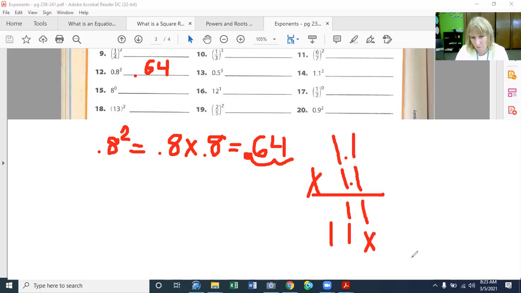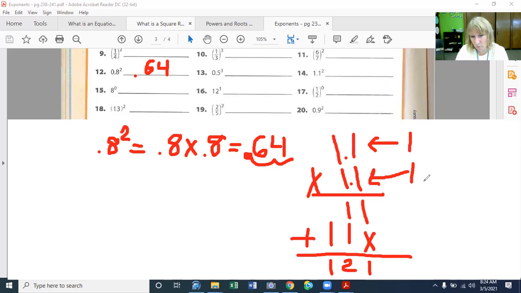You might already know, but just in case: 1 plus nothing is 1. 1 plus 1 is 2. And 1 plus nothing is 1. 121, but we're not finished. We have one number after the decimal here, and one number after the decimal here.